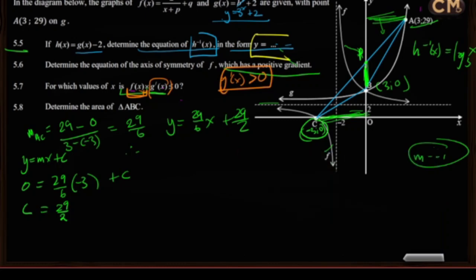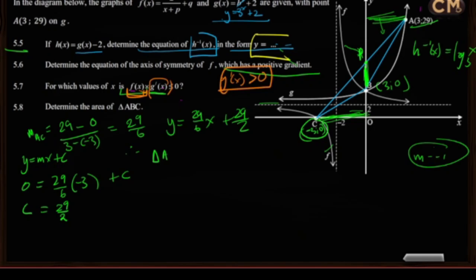Now with that out of the way, we can calculate the length of BP, which is going to be 29/2 minus 3. But we can also do that directly within our triangle area calculation.